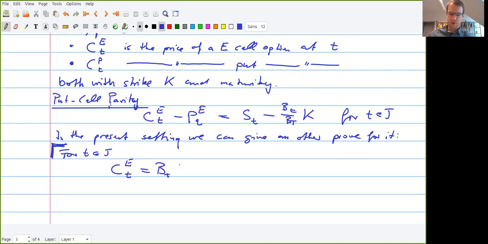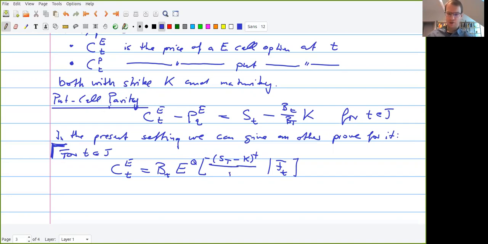You use your pricing formula. You have a complete, arbitrage-free and finite market, so there is an equivalent martingale measure Q, and the price of a European option can be expressed as the conditional expectation under Q, given F_t, of the discounted payoff of the European option.